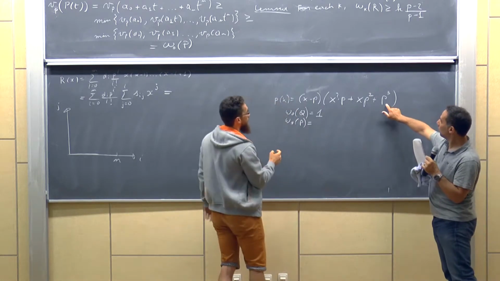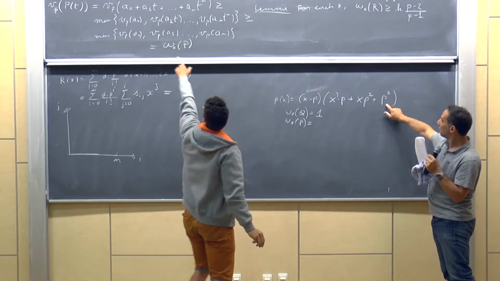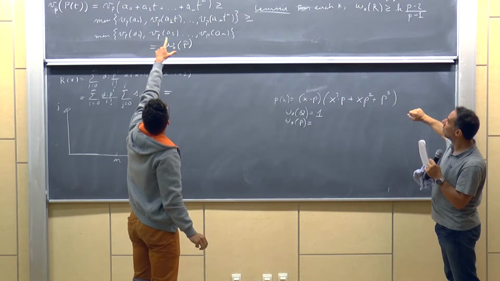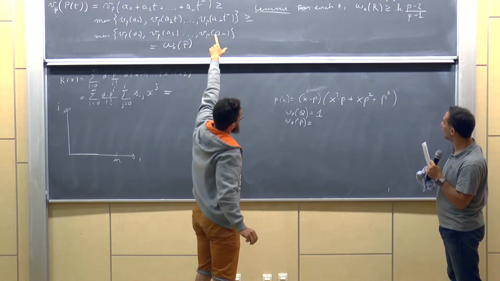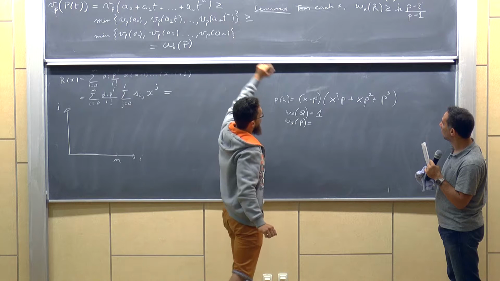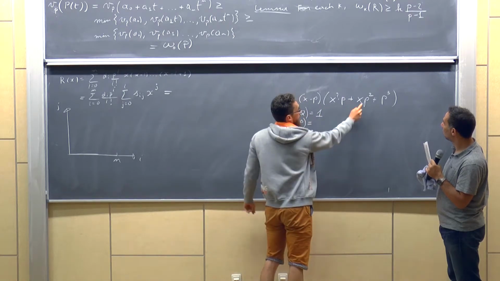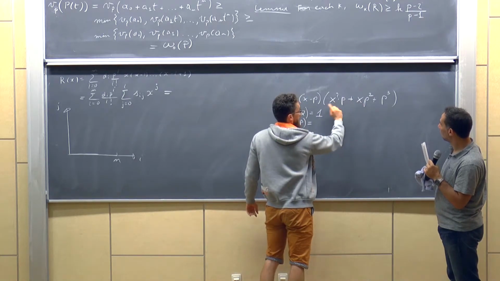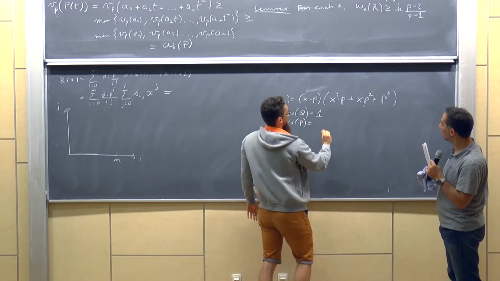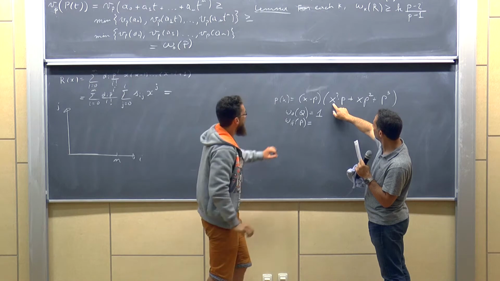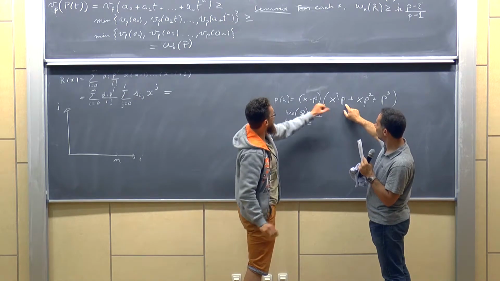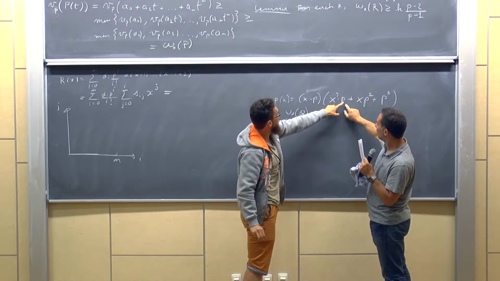Yeah, the x cube. No, you're pointing at the wrong thing. What's n1 and k? I take only the coefficients with small things. No, it's the other way around. When you look at the x cube coefficient, there's going to be x cubed p squared.